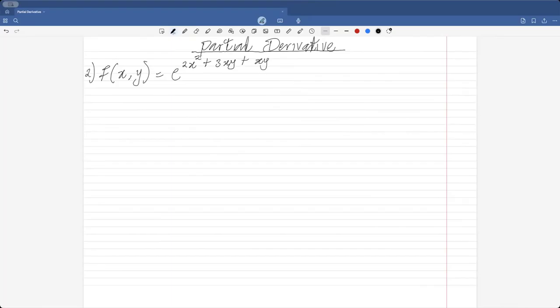So in this case, this is an exponential function, and it will be treated as chain rule. So if you've forgotten how to differentiate a function using chain rule, I will advise that you check my previous video in that regard.